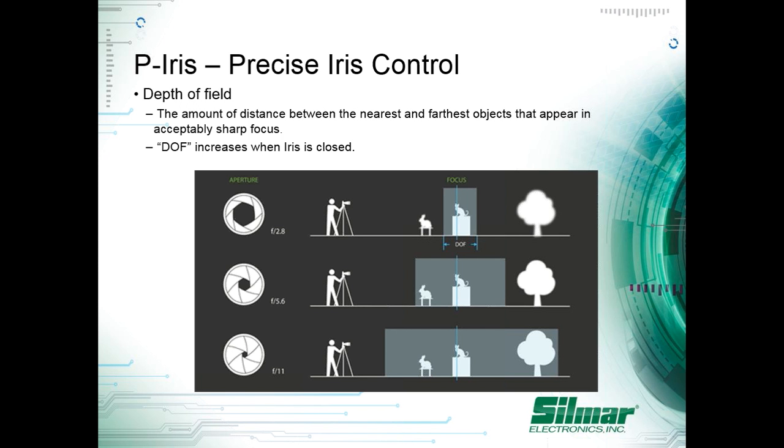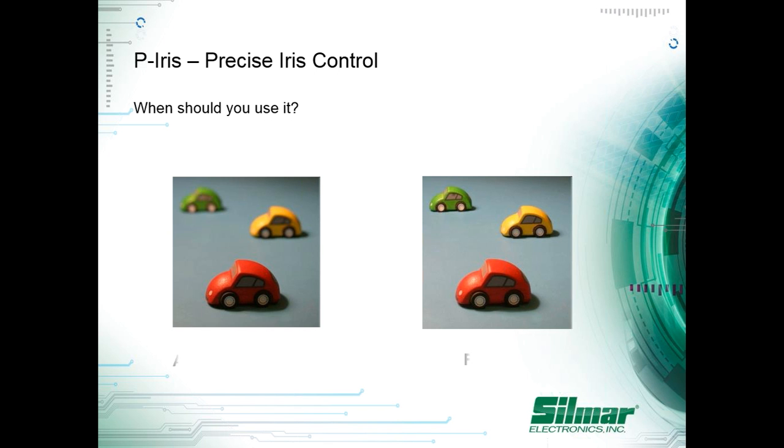One thing we want you to note is that depth of field will increase as the iris is closed, as you'll notice with the example that we just went over. So what's the difference, and where can I see this live, and where would this really help me? You can see in the example on the screen that the red vehicle is in sharp focus, while the yellow and green behind get progressively worse the further the object is from the camera.